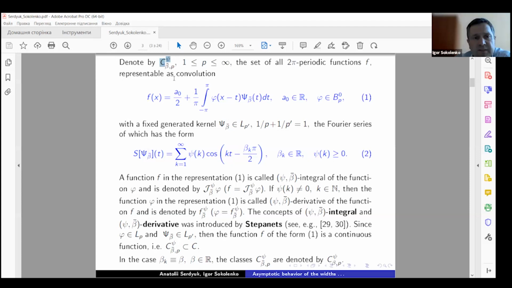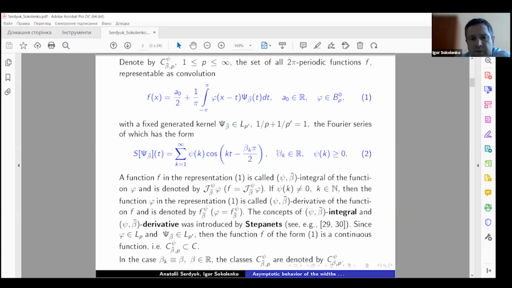Denote by C^psi_{alpha,beta,p}, p between 1 and infinity inclusive, the set of all 2π-periodic functions f representable as convolutions of form 1, with a fixed generating kernel Psi_{alpha,beta}, the Fourier series of which has the form 2.